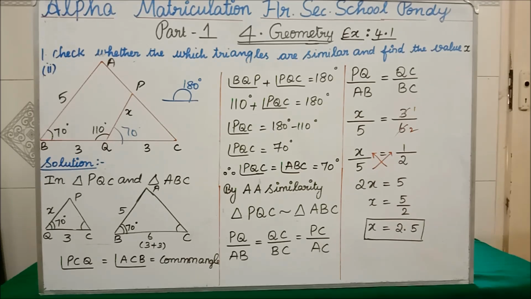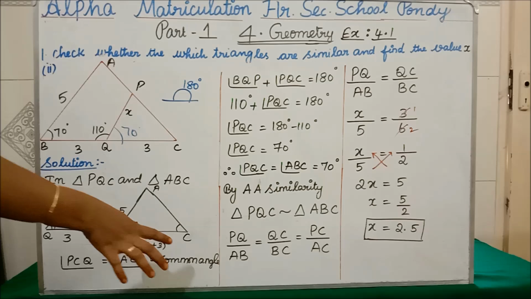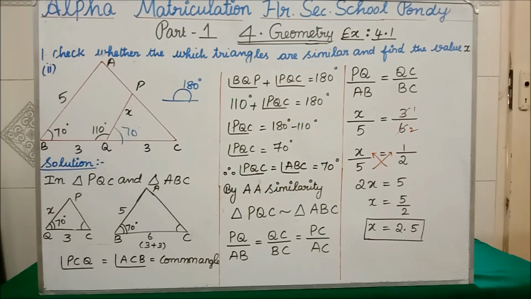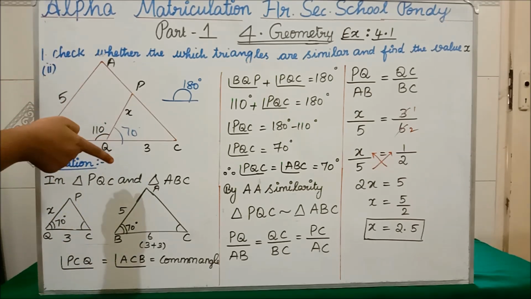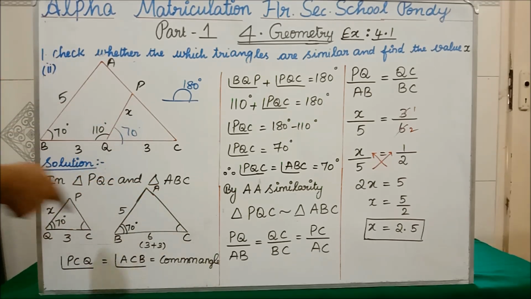Okay, now only we are entering into the similarity property. I have drawn here two triangles. First see the two triangles. What is common that we are having? If you see here, in this triangle also we are having C, and in this triangle also we are having C. So I can write PCQ is equal to, if I am taking PCQ here, then here also you have to take ACB.